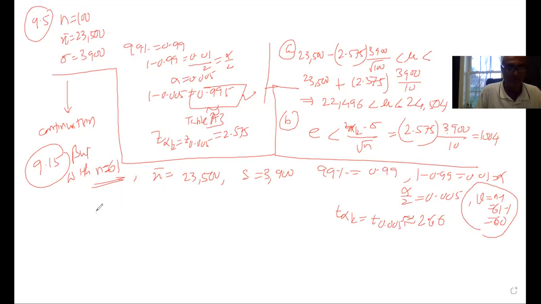Now I'm going to write x bar minus t alpha by 2 and s over square root of n is less than mu is less than, here sigma unknown, x bar plus t alpha by 2 and s over square root of n.